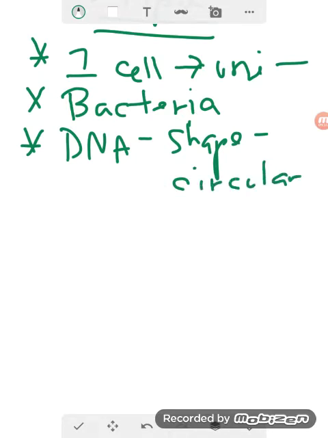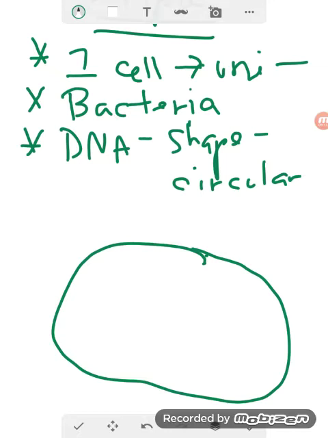Okay, so if I wanted to draw a prokaryote cell, that's what it would look like. It's just one cell big, and then its DNA, since there is no nucleus, it's just going to be held in a nucleoid region of your cell, and since it's circular in shape, it'll probably be right here in the middle. So this will be my DNA.